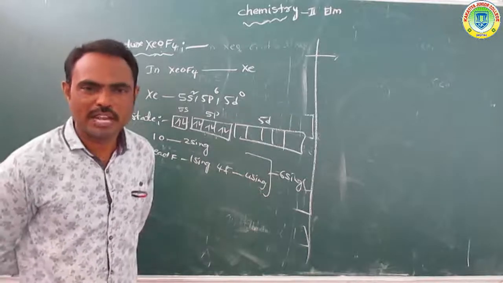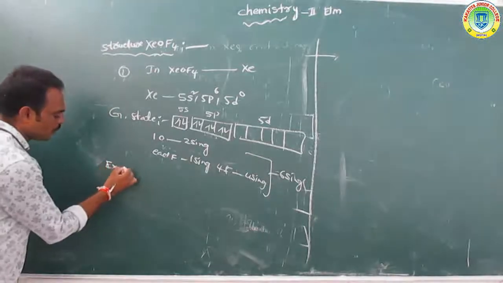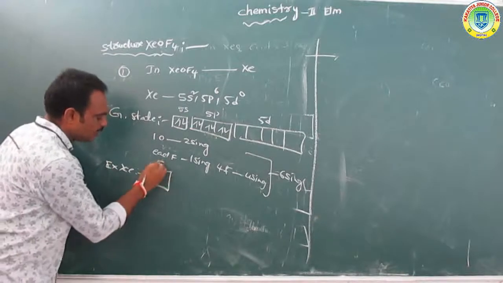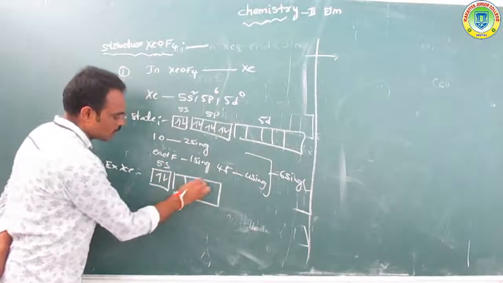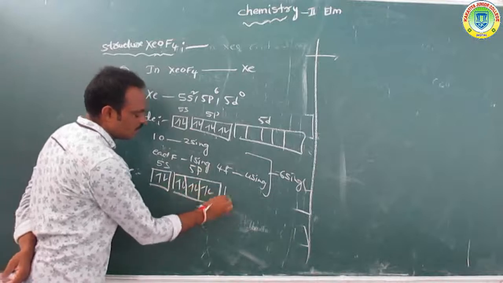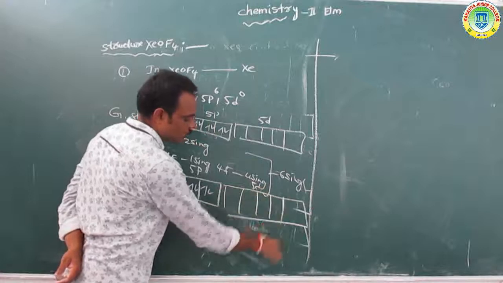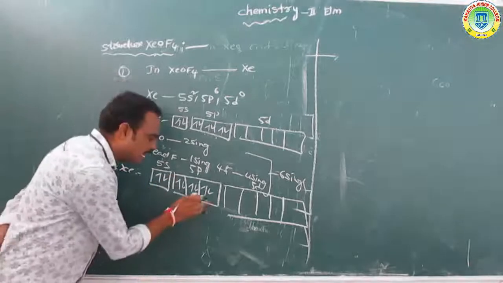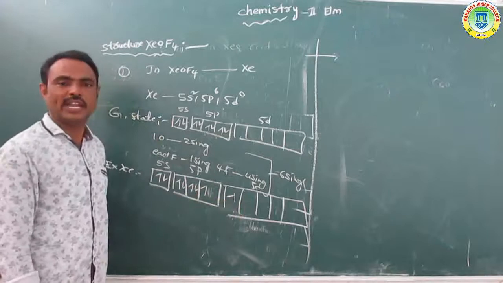We need the excited state. In the first excited state, one electron of the 5p orbital jumps to 5d.